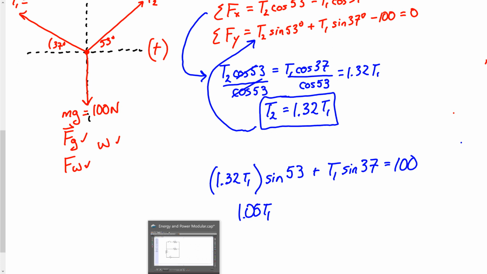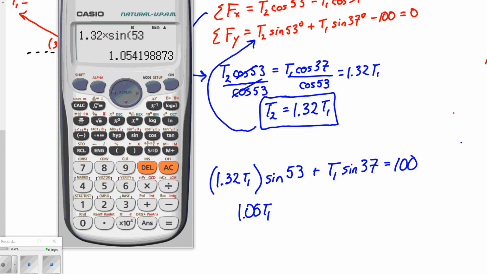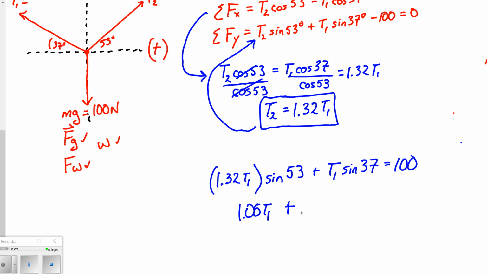Sine of 37 is 0.60, so plus 0.60 T1 equals, and you should be good with this, but if not, you can finish it with me. So this would be adding like terms, 1.65 T1 now equals 100.